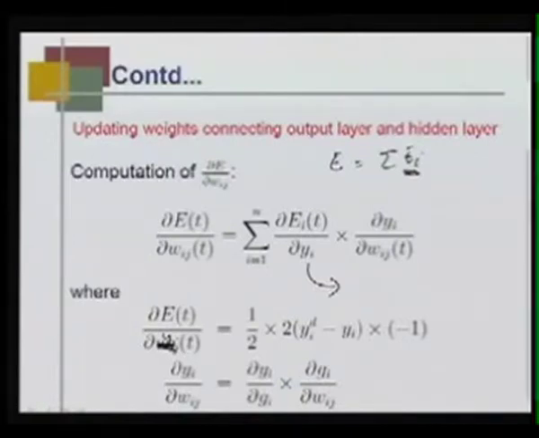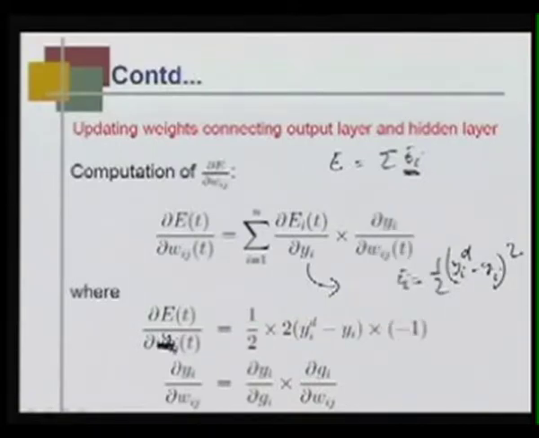Here, ∂E upon ∂y_i(t) is half times, because this function E_i is simply (y_i^d minus y_i) whole square. This is my E_i. So, half into 2 times (y_i^d minus y_i), and when you differentiate with respect to y_i you get minus 1 here. That is very clear.